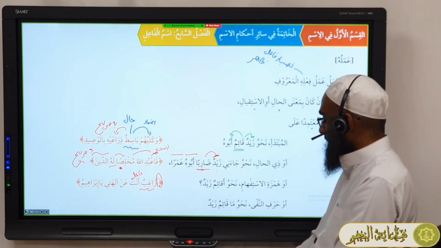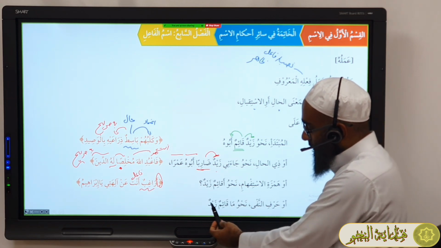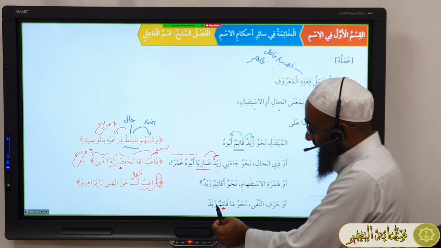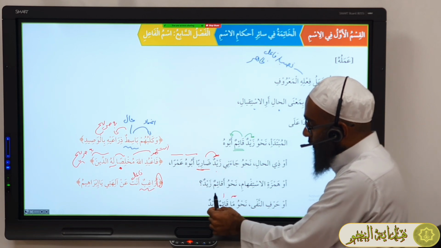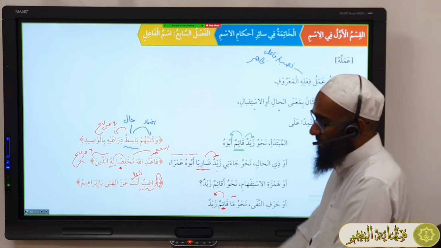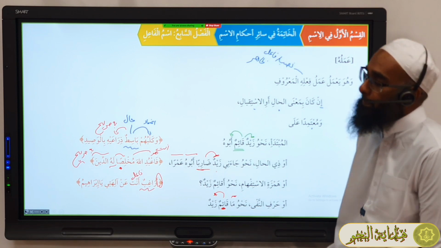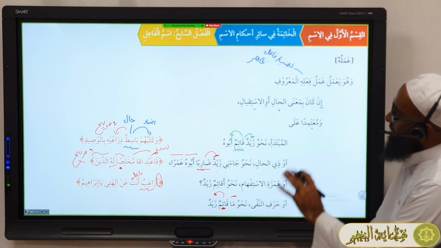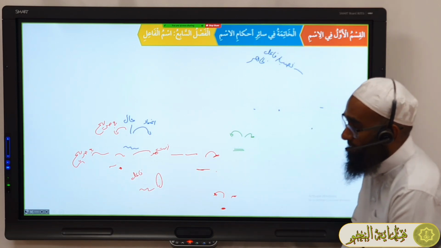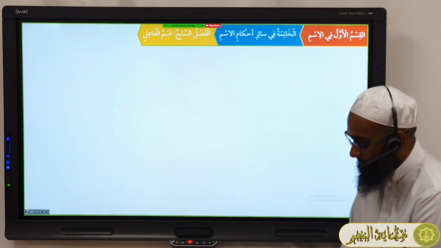Then a harf al-nafi, where we have a negative particle, ma qa'imun zaydun. So qa'imun is the ism al-fa'il. It comes after a harf al-nafi. This can also make the ism al-zahir marfu'. Okay, and there's no Quranic example of this I could come across. I don't think there's any of them. So in these conditions, the ism al-fa'il can do amal and can govern. Okay? Yes?